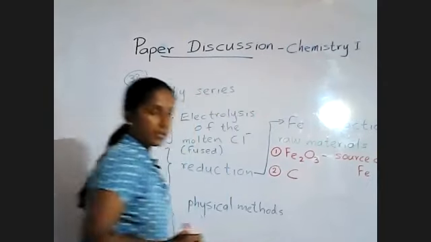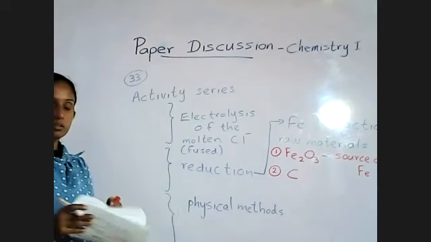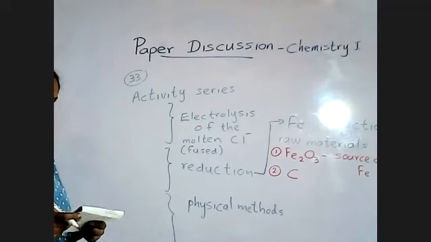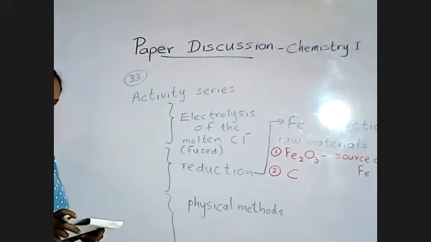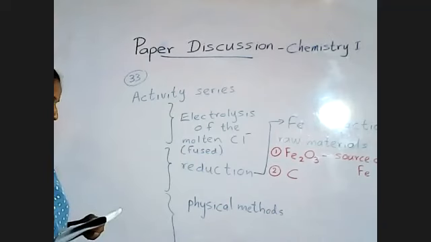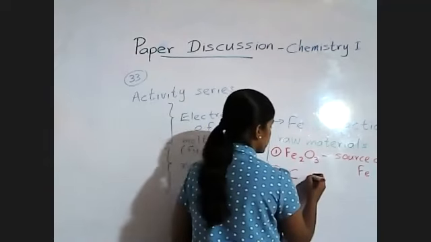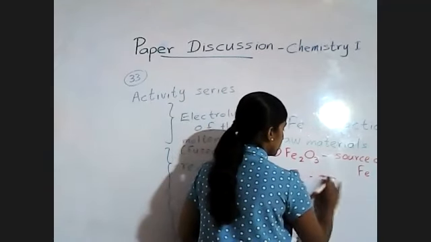Why do we use coke? That is the reductant we use, to reduce the iron ore to iron.